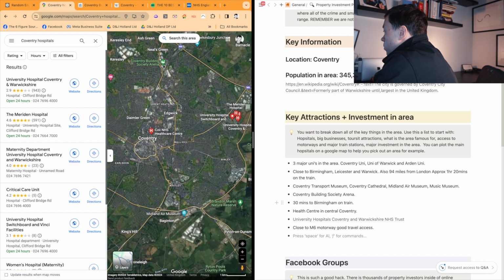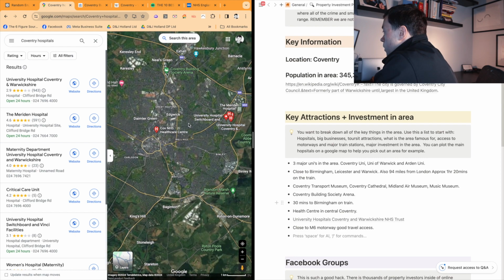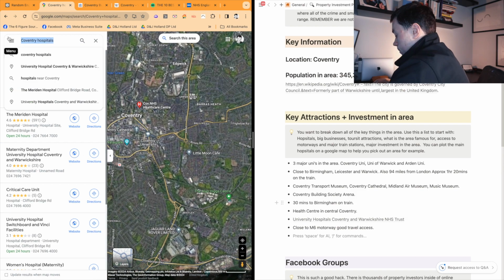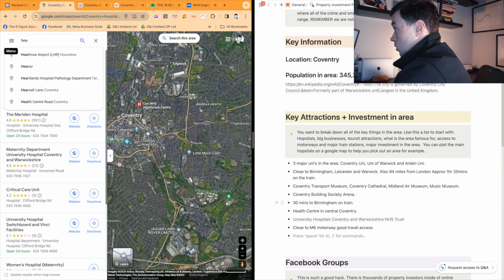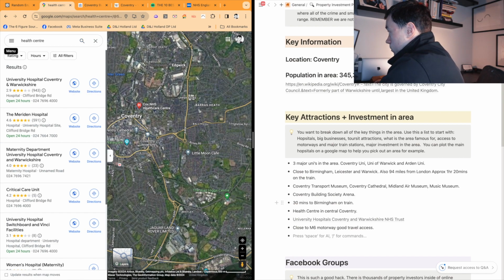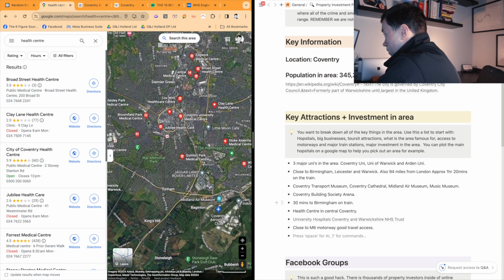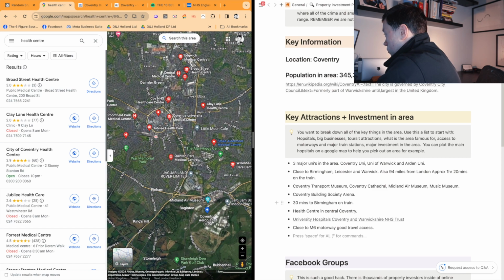Okay, so we've got a couple of clusters of health centres there and some main hospitals there. There's actually not that many, I thought there'd be more. Let's have a look. Health centre. Alright, there we go.